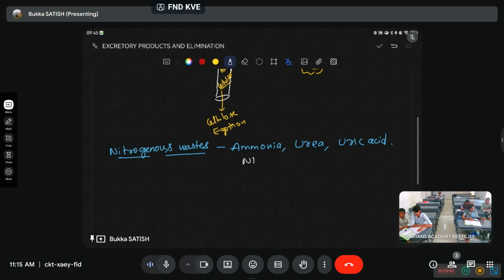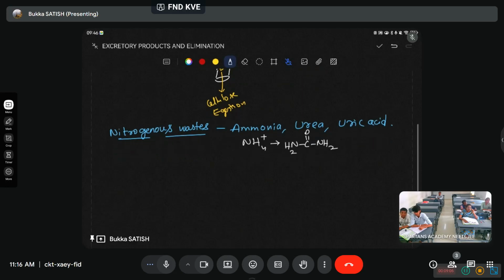Now see, as we know, ammonium is actually this. I am just writing the ionic form. Urea is this one. So basically from ammonia only urea is produced. Understood.